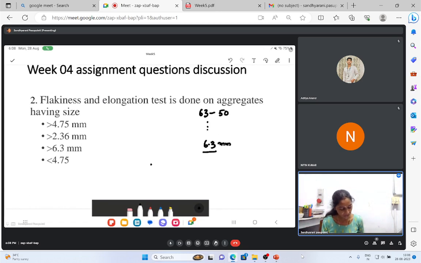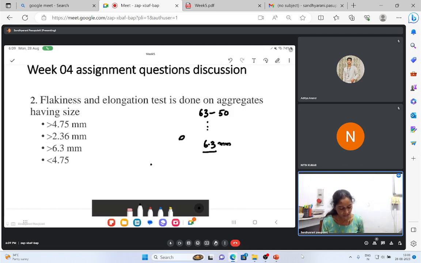We do the flakiness and elongation test on aggregates larger than 6.3 mm. So why don't we need to do it on fine aggregates? Aggregates smaller than 6.3 mm are extremely small.